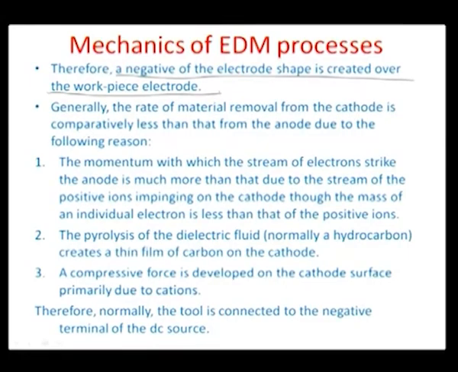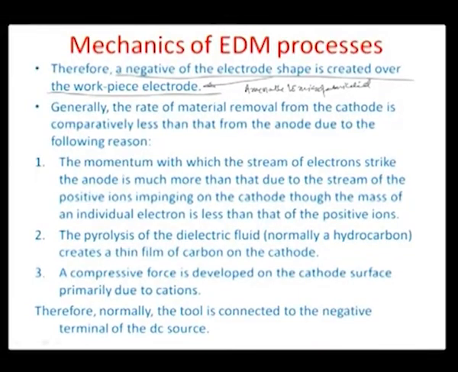So, here also whatever is the electrode shape, a negative of that would be exactly replicated in the workpiece surface or workpiece electrode, which makes it actually a process amenable to microfabrication. So, here the whole goal therefore is to be able to produce the exact negative replica on the tool of the feature or the shape that you want to imprint on the surface in question at the micron scale.